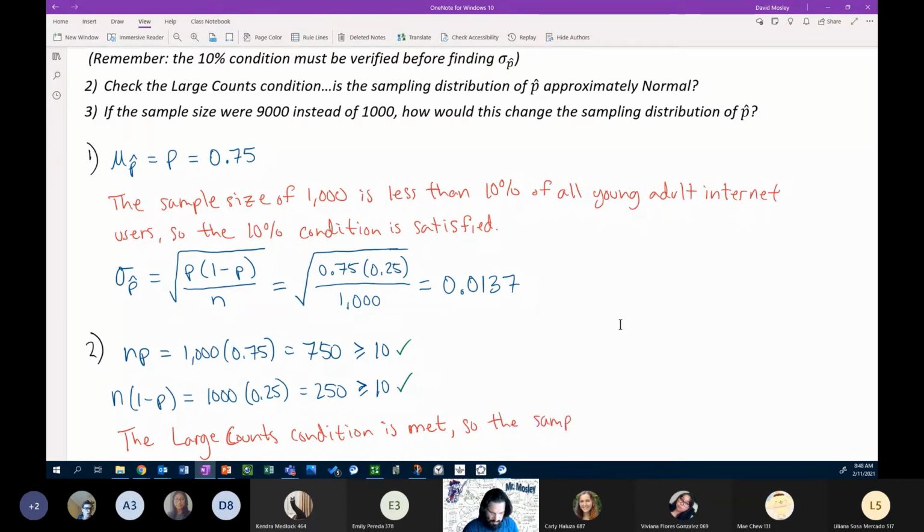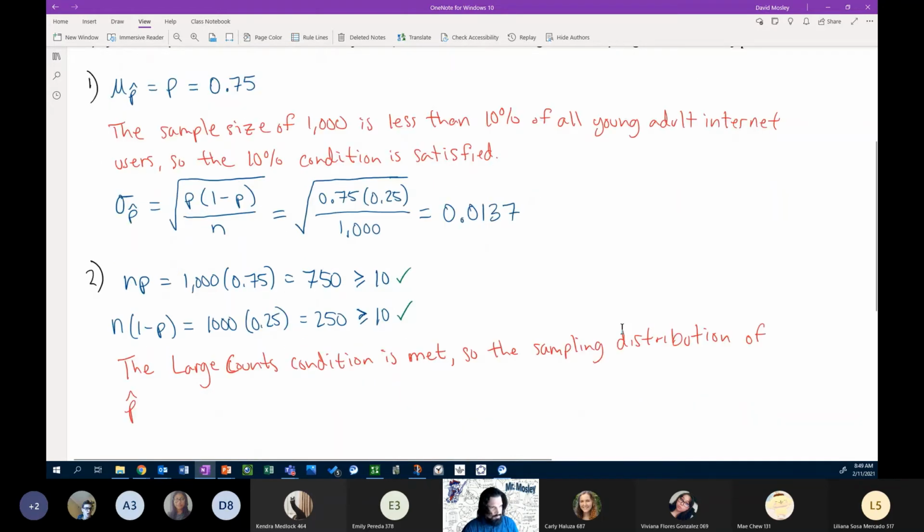So the sampling distribution of p hat is approximately normal. And yes, you should capitalize the N on Normal. It's kind of a pronoun in statistics. Okay, so our large counts condition has been satisfied.